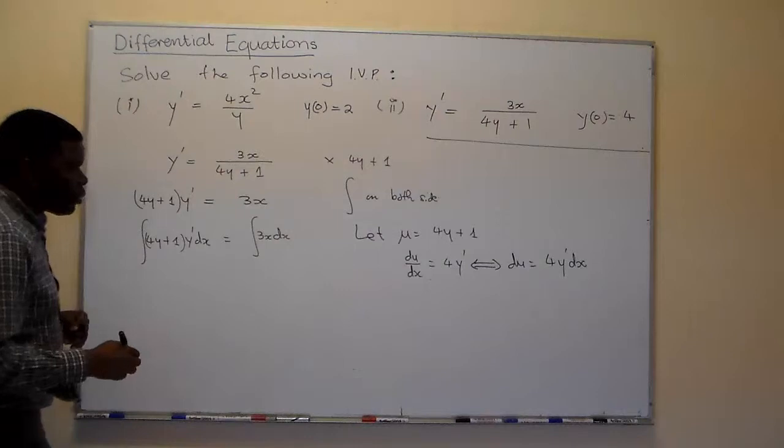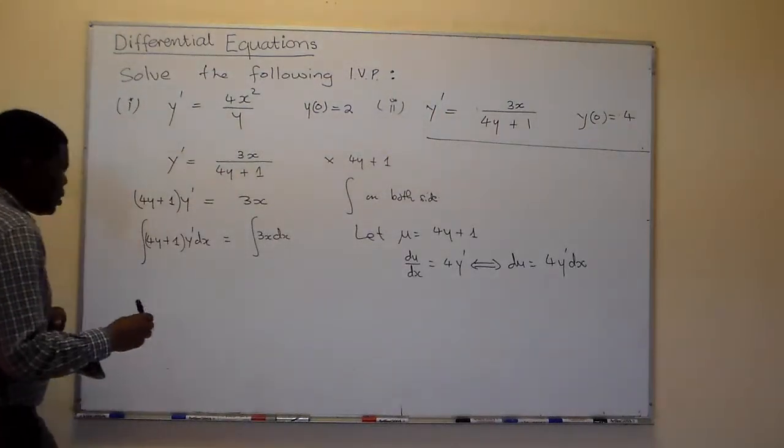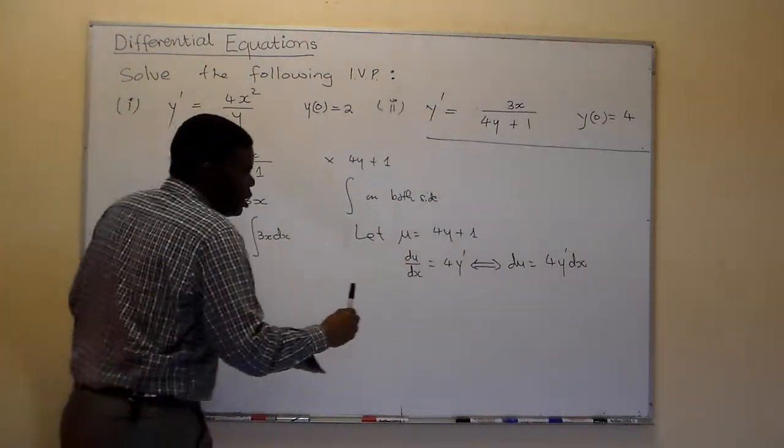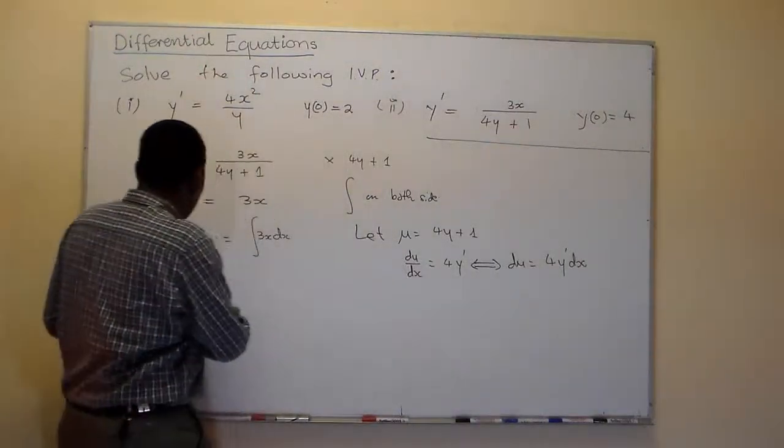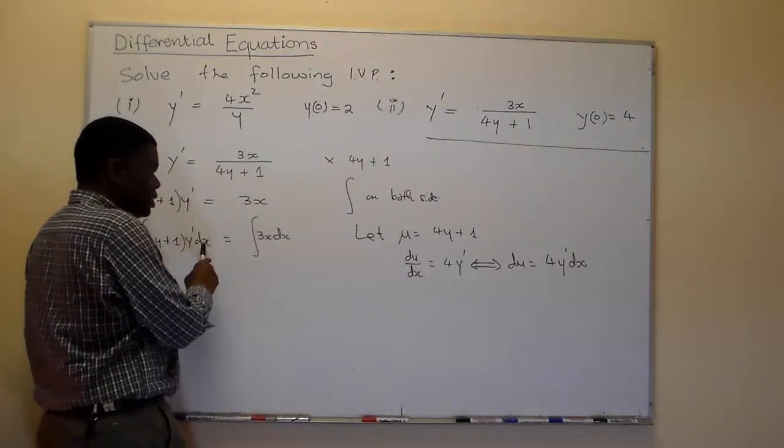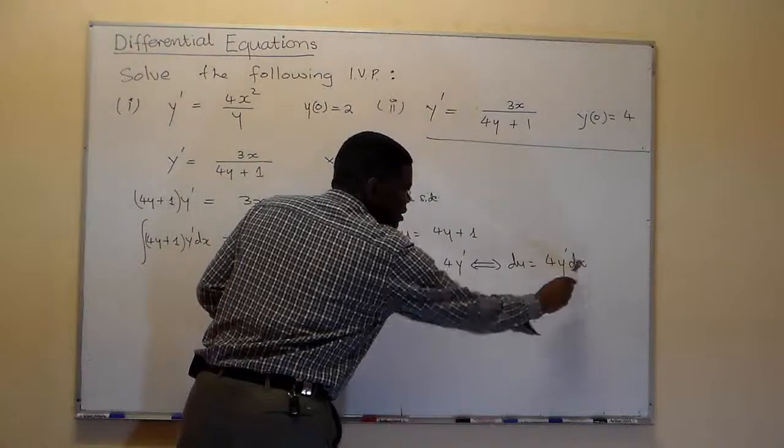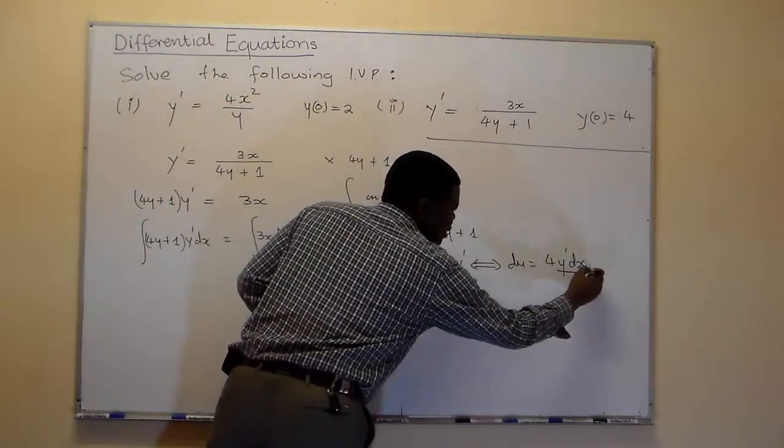So what we're going to have here now, we note that in the problem we've got y prime dx, so we need to substitute that.